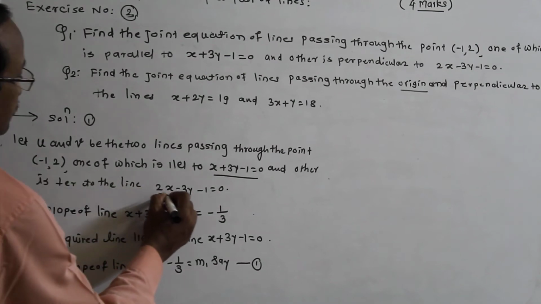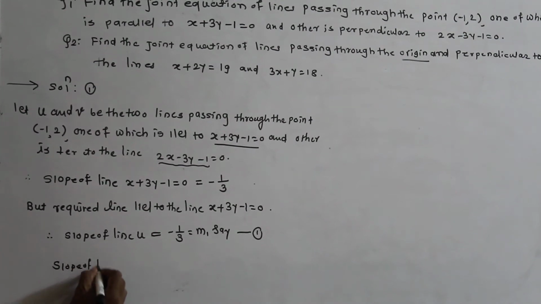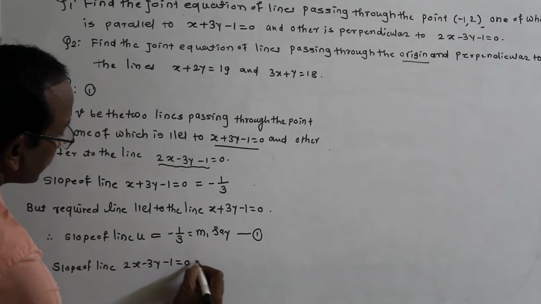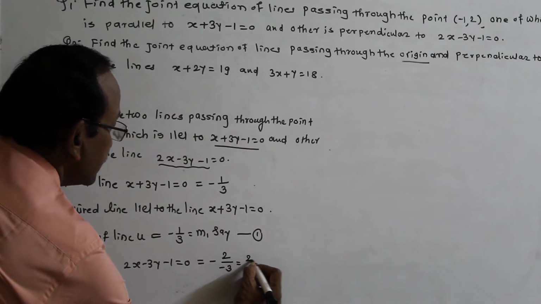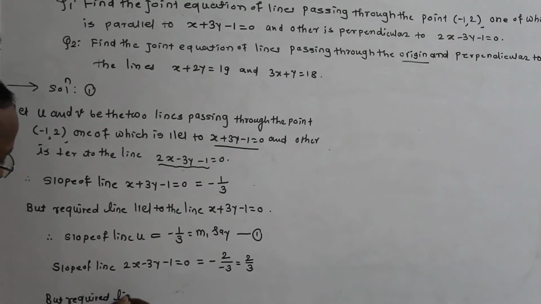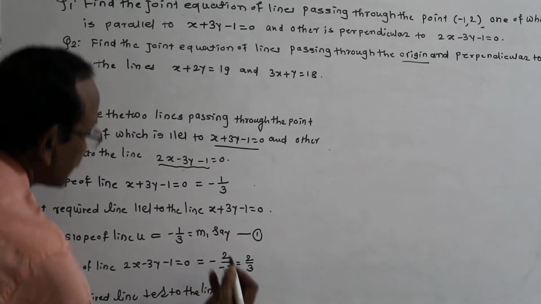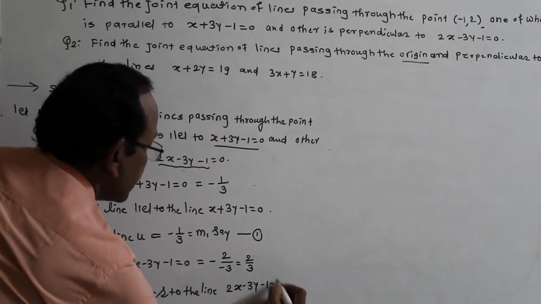Now find the slope of this line. Slope of line 2x minus 3y minus 1 is equal to 0 is minus 2 upon minus 3, which is equal to 2 upon 3. But a required line is perpendicular to the line 2x minus 3y minus 1 is equal to 0.